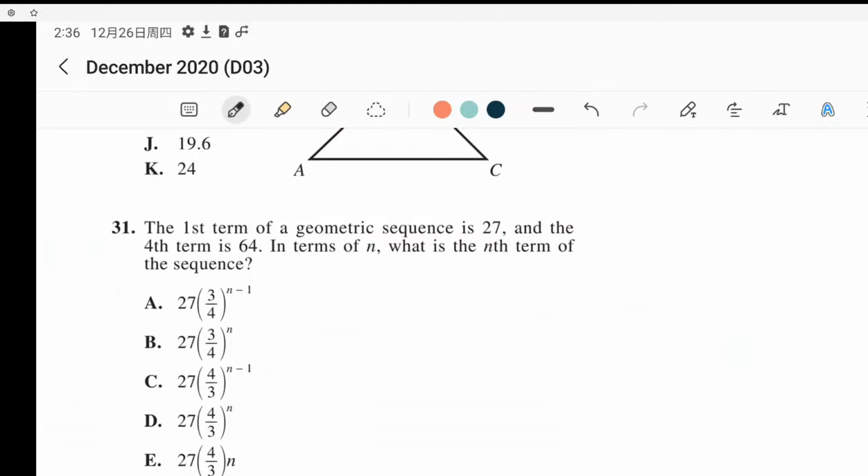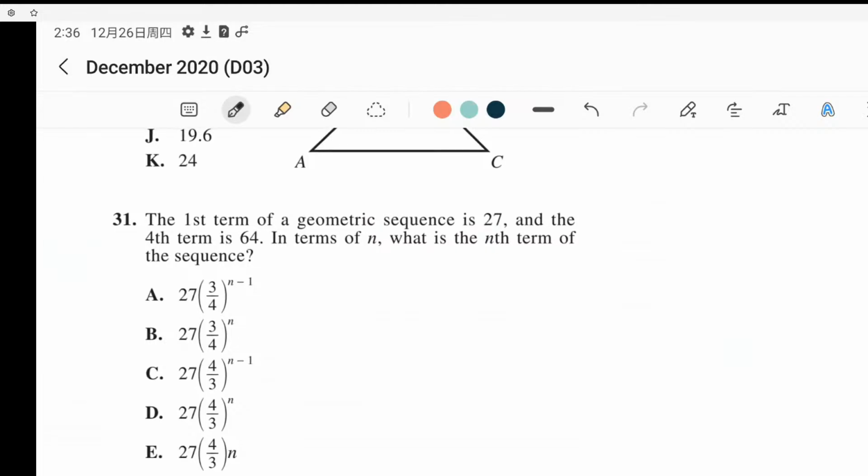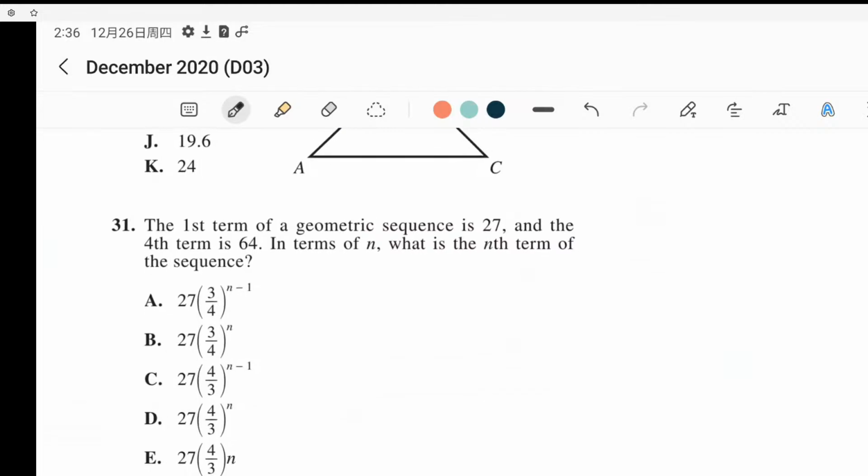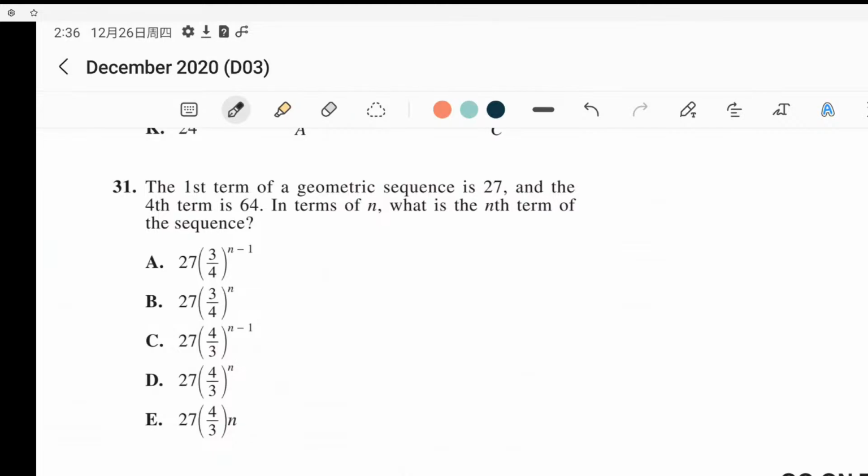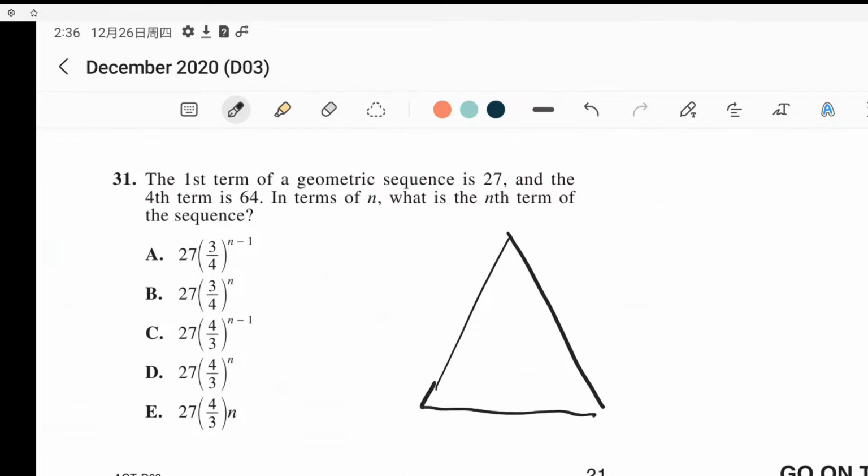It does have sequences and series, which you might see in higher degree mathematics, like number theory or calculus. So, a geometric sequence, for example, if we have a triangle, and then we draw another triangle inside, and then another one, and then infinitely keep going.